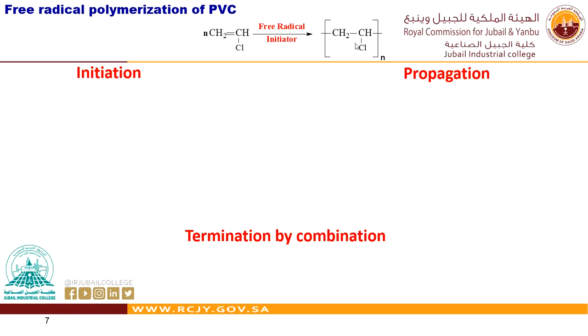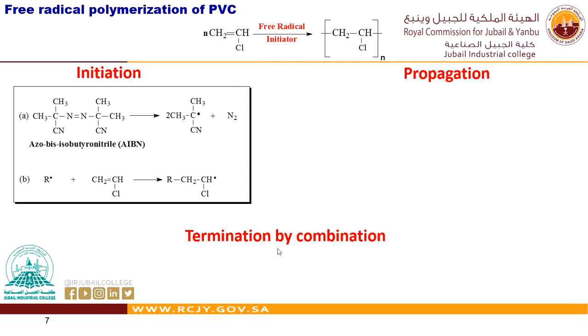Polyvinyl chloride is used in a lot of applications like conduit, pipes, water pipes, and different applications. The polymerization also happens in 3 different steps: initiation, propagation, and termination.